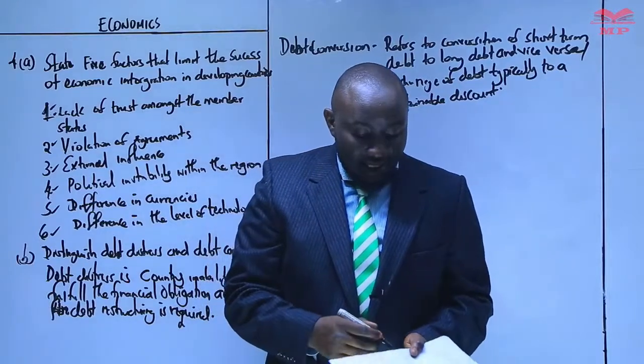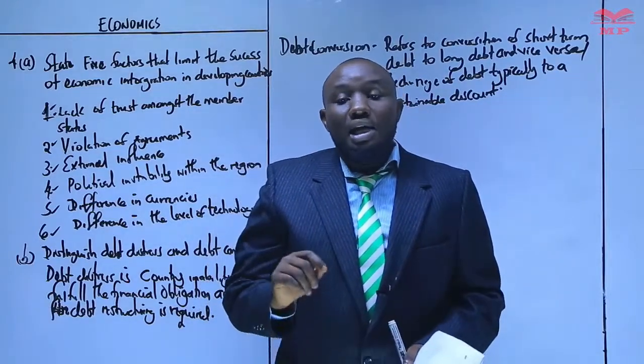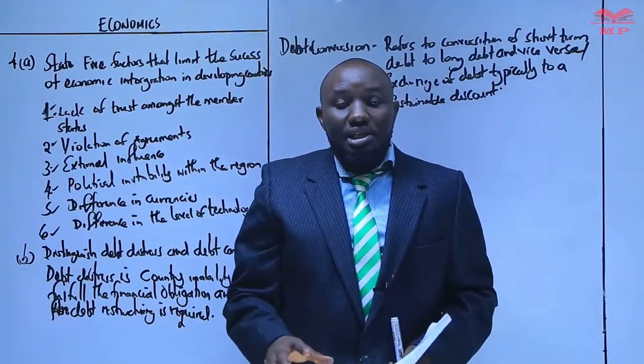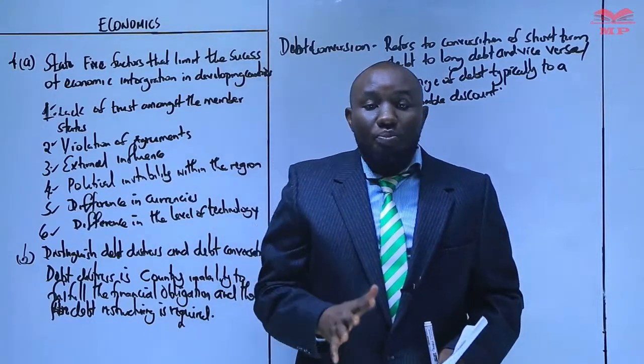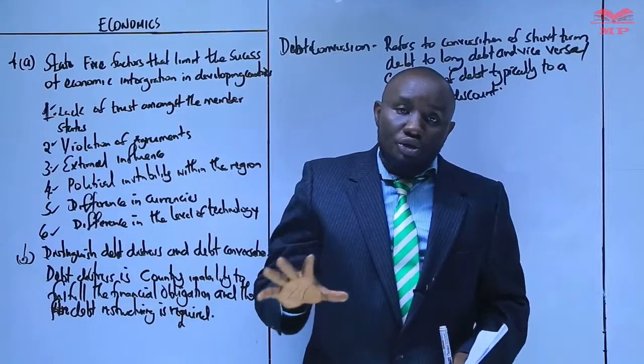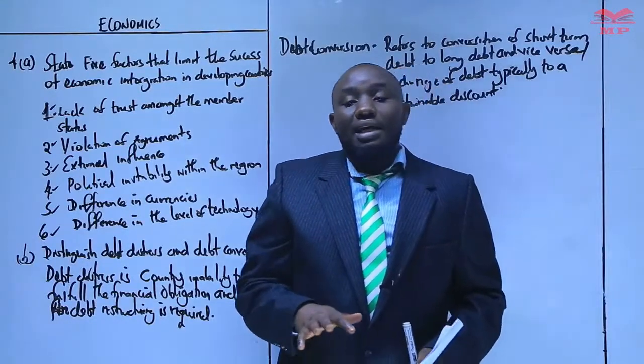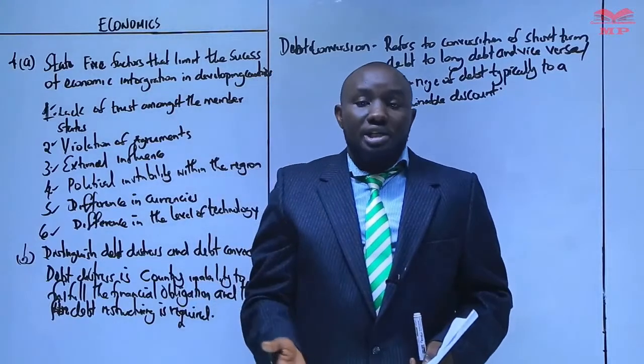We said that debt is a major policy issue, meaning that debt is a factor that needs to be considered. Majorities of the countries in the developing world rely mostly on debt.